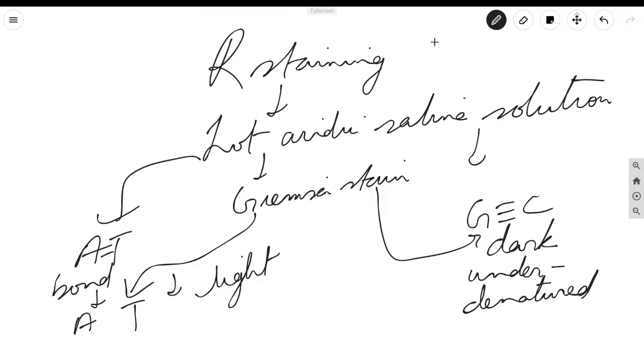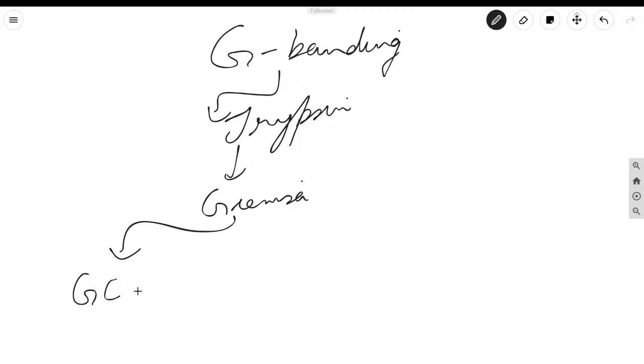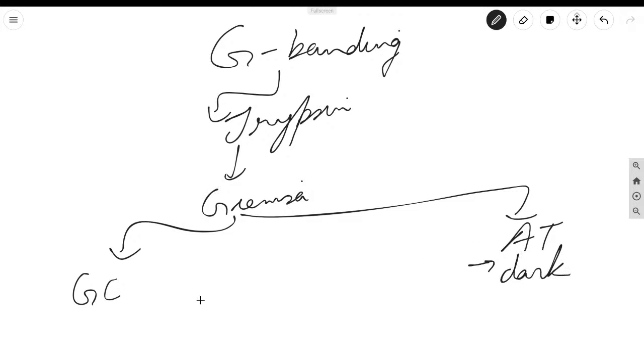Now coming back to Giemsa staining, what happened in Giemsa? G banding is, first I added trypsin, then I added Giemsa stain, and then what I got is GC and AT. Now I am saying that dark stain happened here, light stain happened here.